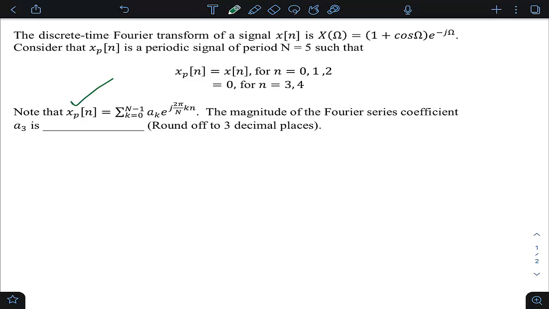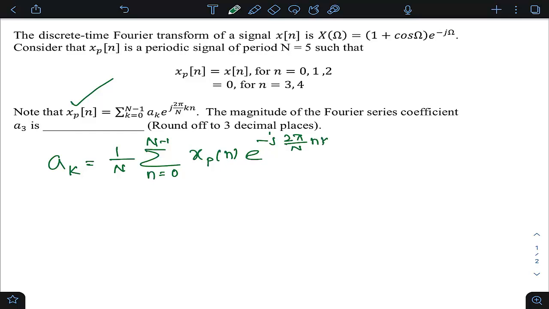The DTFS coefficient Ak is given by the formula 1 by N summation n from 0 to N minus 1, of the signal for which we are finding the DTFS coefficient, which is xp of n in this case, into e raised to power minus j 2 pi by capital N into small n k. In this case, the value of N equals 5, and we are supposed to find A3, that means k equals 3.